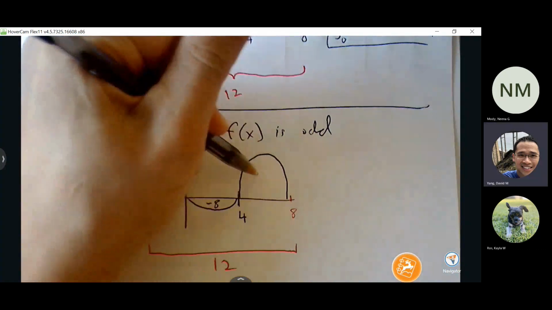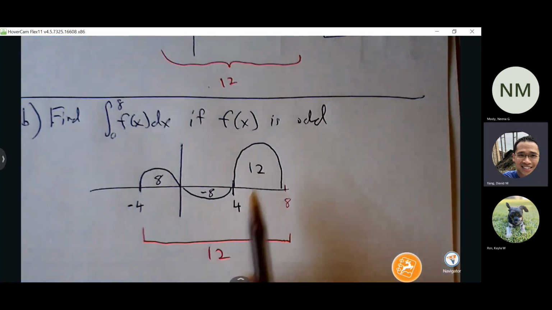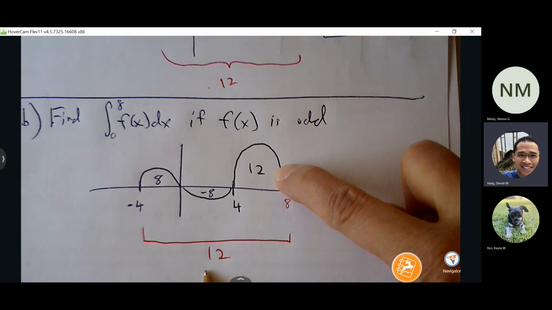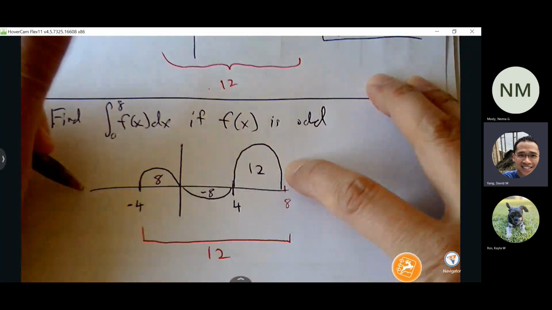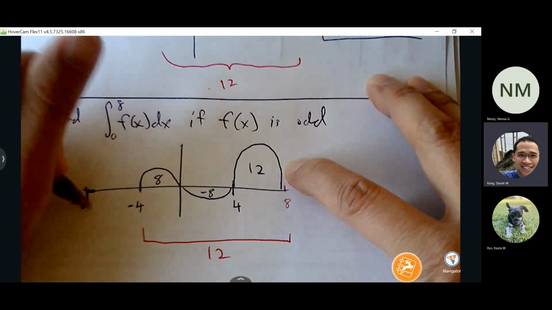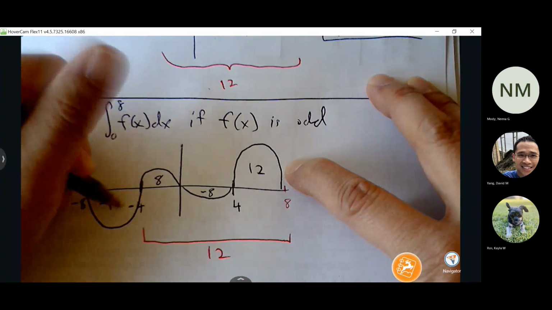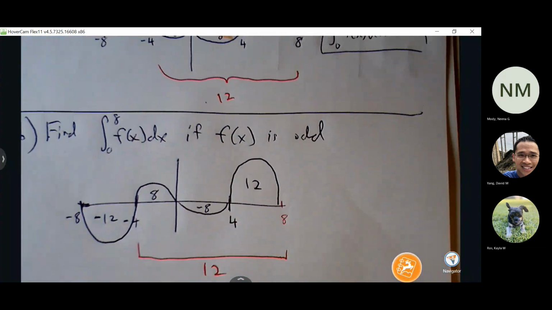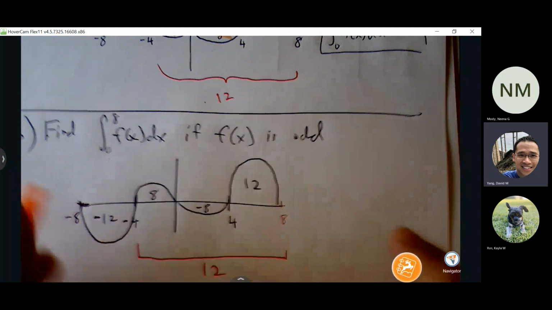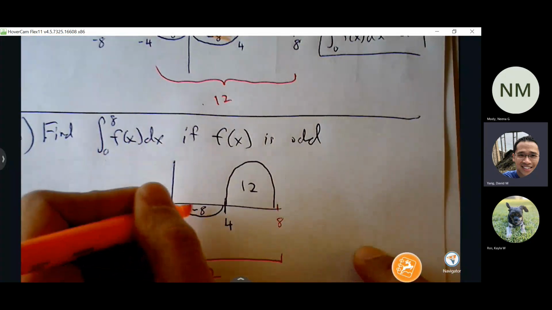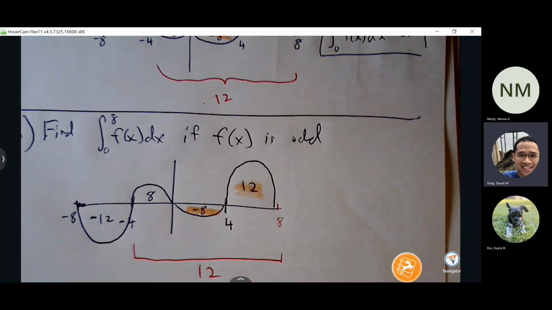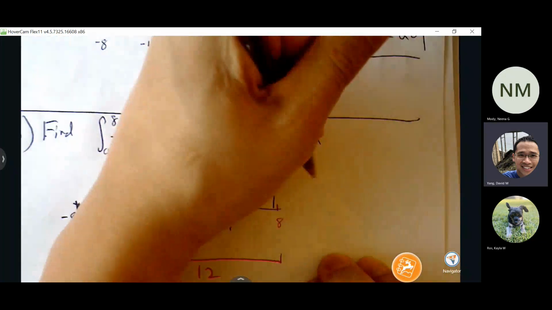Positive what? 12. Right? 8 minus 8 is 0. 0 plus 12 is 12. So we get that to be true. And this is 12. What do you know about the other side? -12. So now that we have everything in front of us, we're going to total what they're asking for from 0 to 8: 8 plus 12 minus 8.